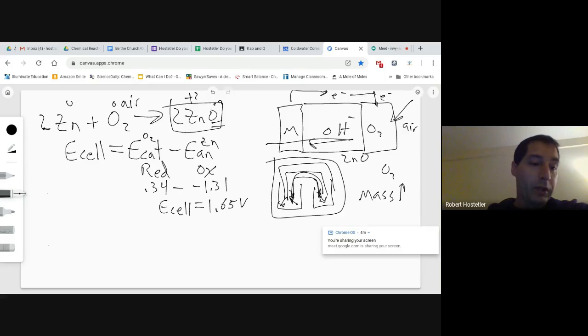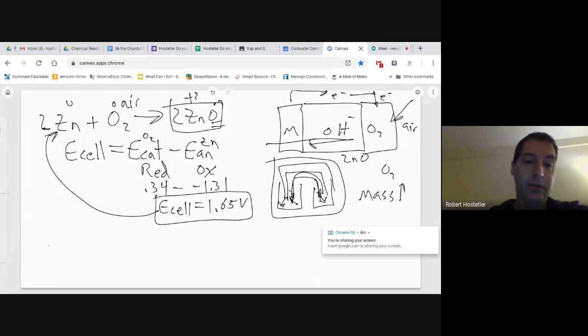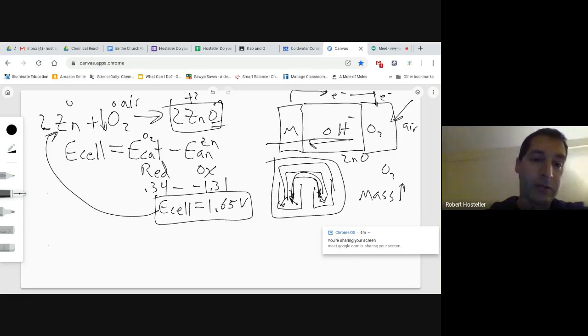In part C, they say that you're going to take this up to the top of a mountain, and they want to know what's going to happen to the cell potential. Well, you can think of this in terms of Le Chatelier's principle. As we go higher up the mountain, the concentration of oxygen in the air will decrease.